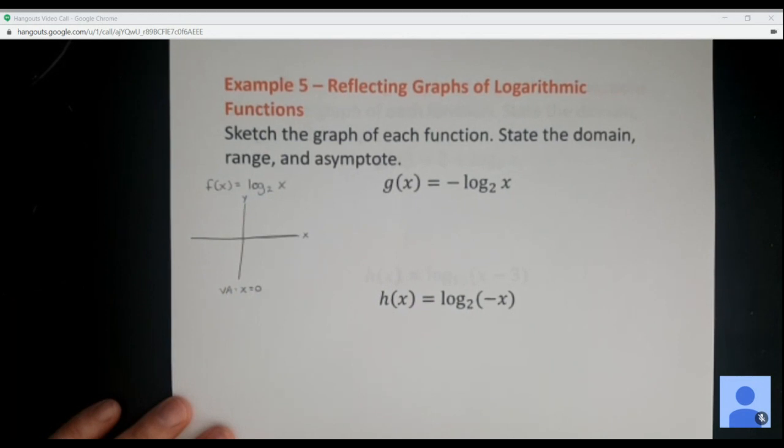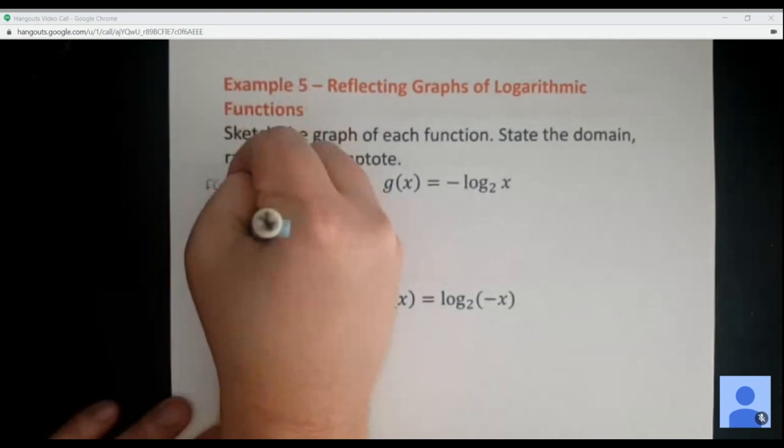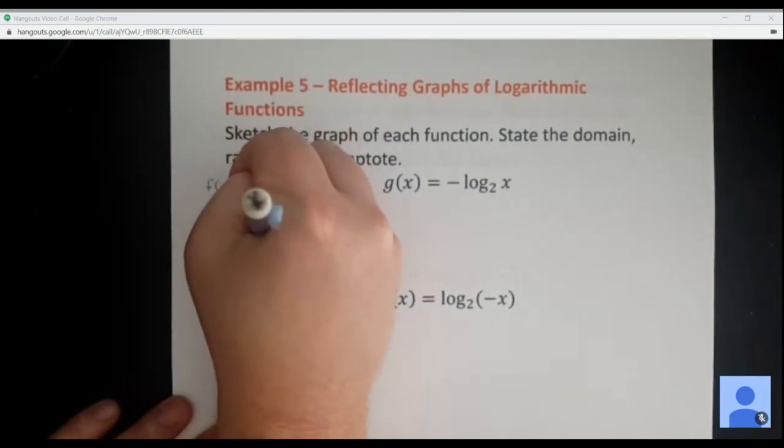So anywhere where it's going to cross an axis. Okay, good. And in this case, it's going to cross the x-axis at 1, right? So we're going to have a point here at 1, 0.